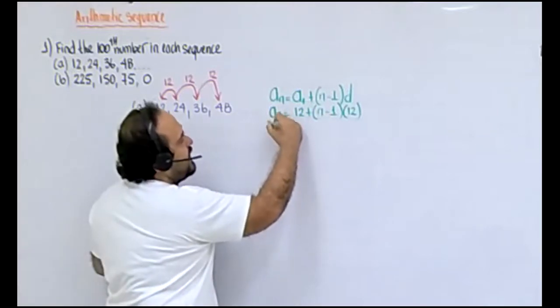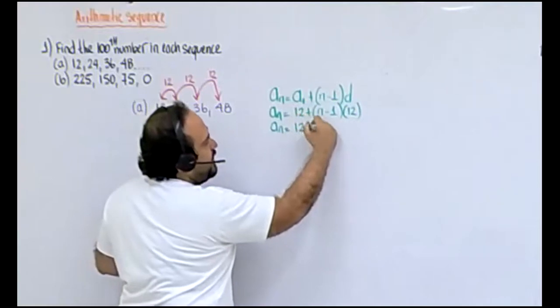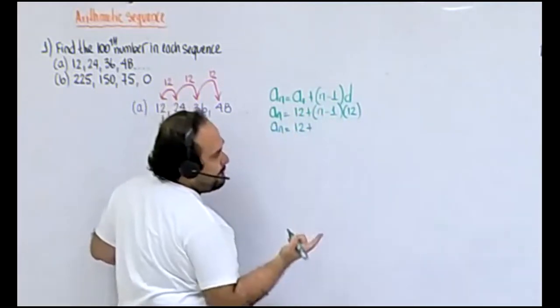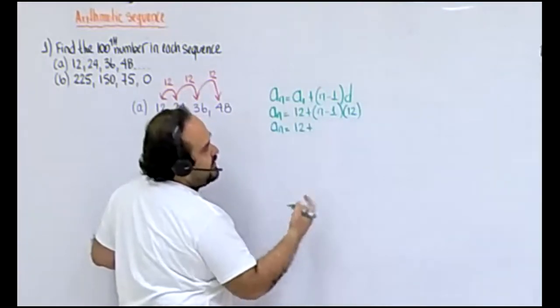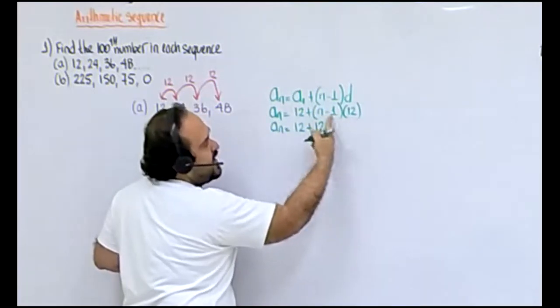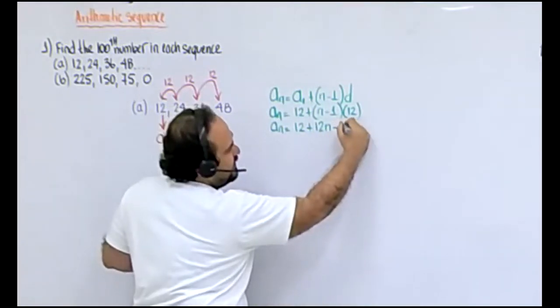So what do we get? A_n equals 12 plus 12 times n, which is 12n, and 12 times -1 is -12.